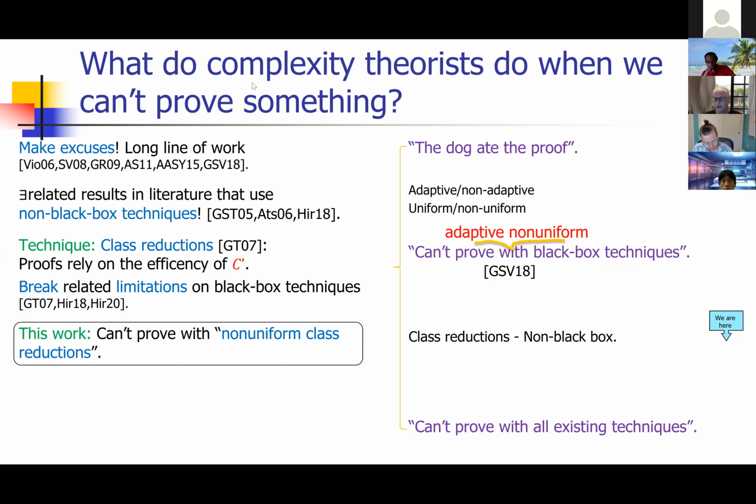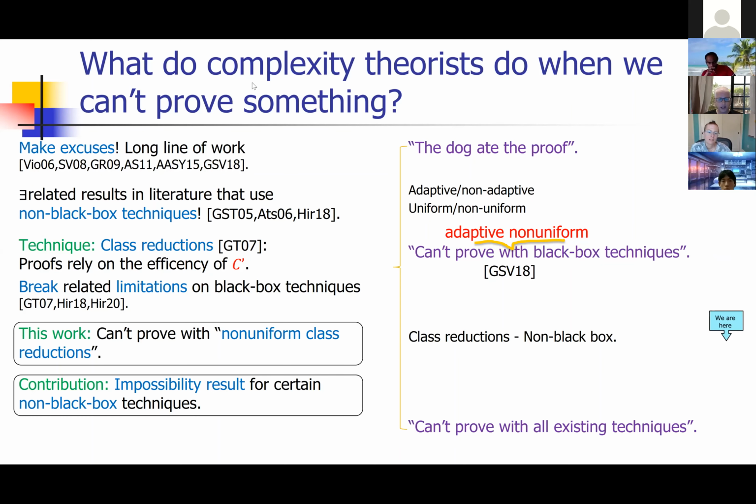And I should probably say that there's a discussion in the paper about whether we cover the most general definition of class reduction. So if you're interested, go to the paper. I don't have time to talk about it.